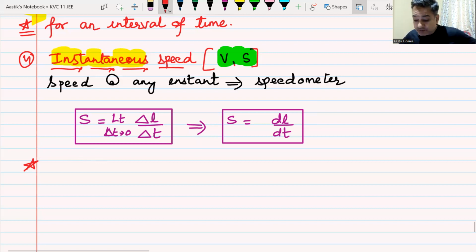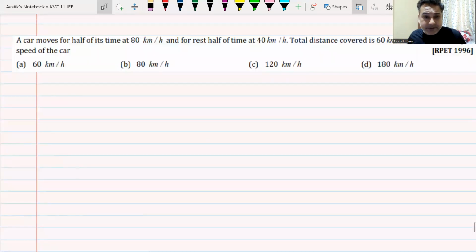And here comes the question. Remember, every question that comes may come in your exam also. And remember, every question that we solve is based on what we have learned. This is again a question from your DPP, from your sheet.